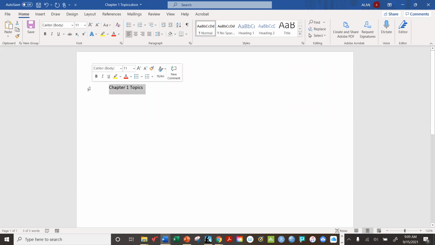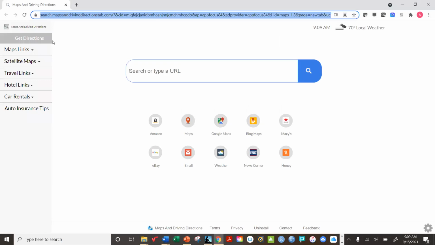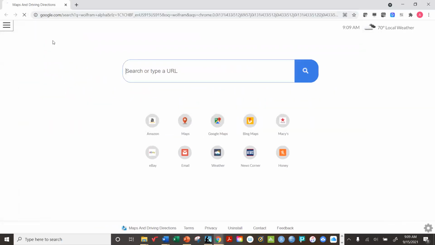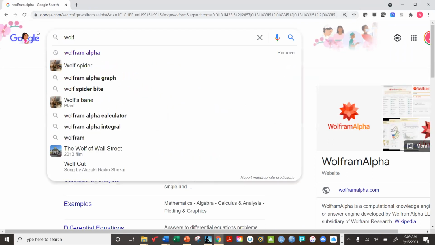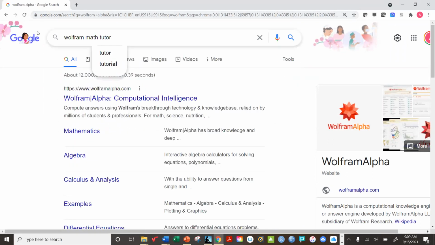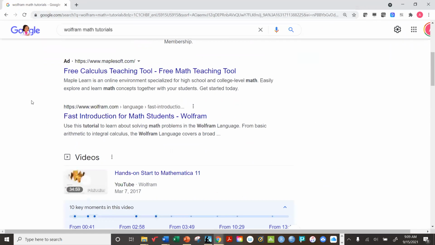Because there's lots of great math websites out there, especially the manufacturers of software. There's a company called Wolfram that makes math software. But of course, here's something.